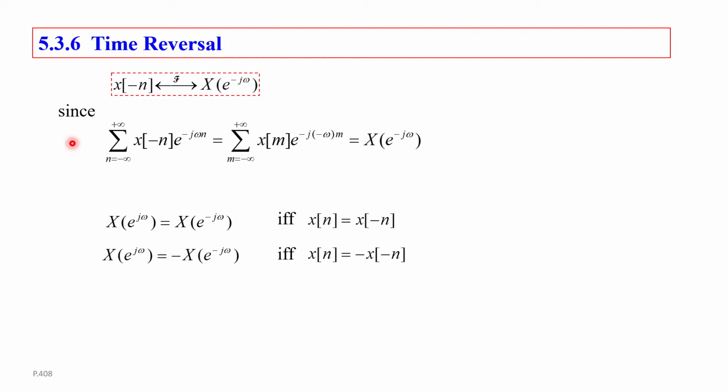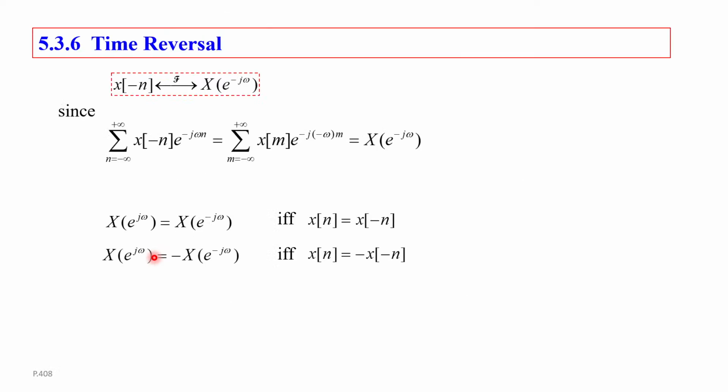And from here, you can easily see that your frequency domain is an even function if and only if you are an even function in your time domain, and also big X is odd if and only if small x is odd. Okay, just like in the continuous time case.